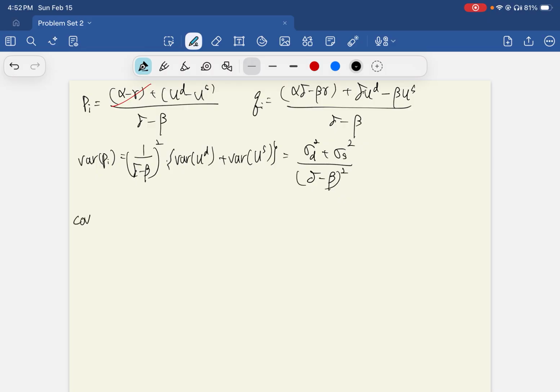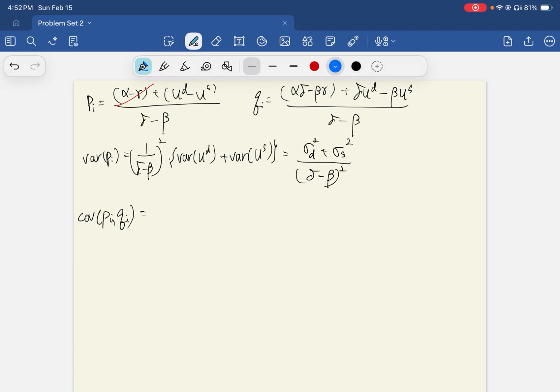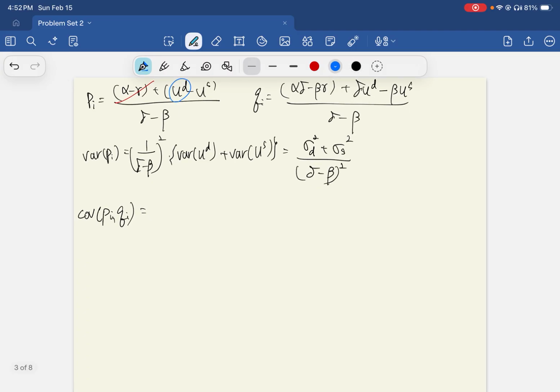And the covariance of P and Q is, so if you take the covariance between them, first U_D and U_S are uncorrelated. So U_D is only correlated with this part and U_S is correlated only with this part. So then you can write it as delta times the variance of U_D. Okay, that was the covariance between these two.